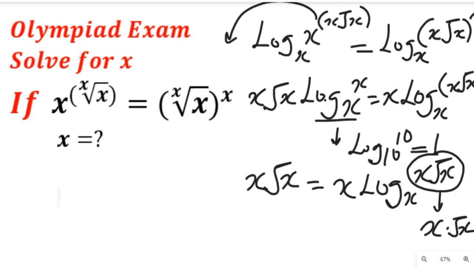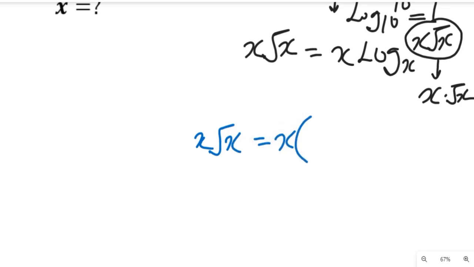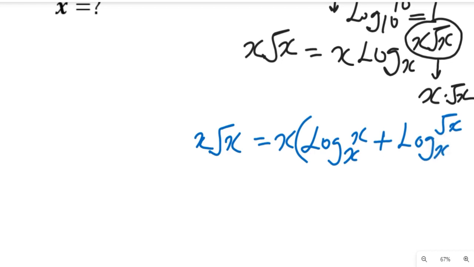So we are going to take that and simplify it. We'll have x root of x equal to x into bracket, remember the product law of logarithm, this will now give log of x base x plus log of square root of x to base x.